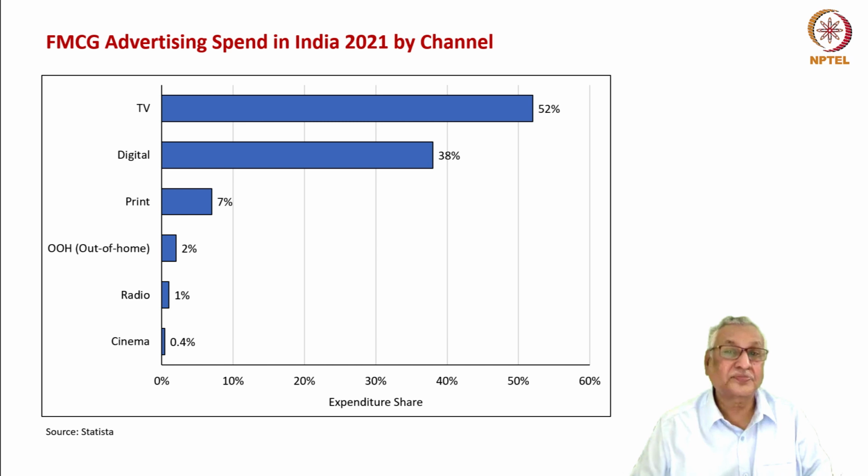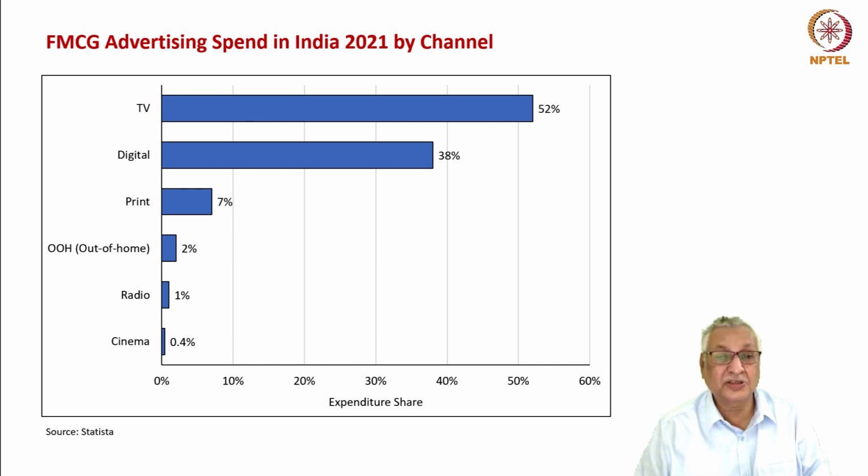In India, the FMCG advertising spend is of interest. The x-axis talks about the expenditure share and the y-axis talks about the different media. Compared to the previous example I have given, which is an international example, you will find that in India, television still dominates the advertising spend at 52%.